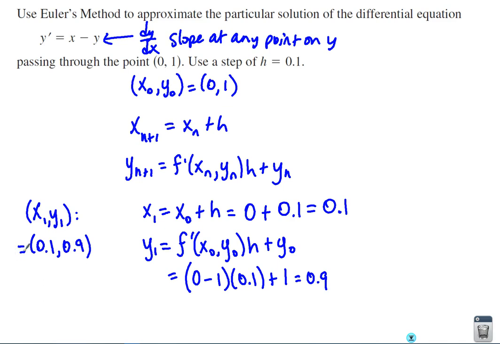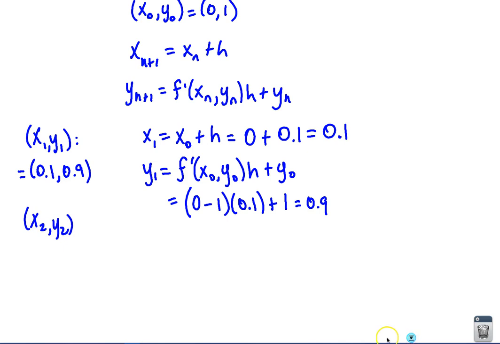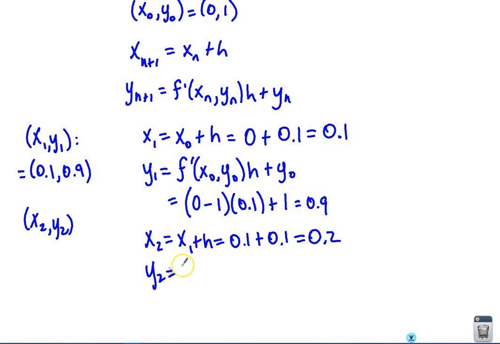I'm going to use that now to come up with x2, y2. Okay? Scroll down. x2 is equal to x1 plus h. So that's going to be 0.1 plus 0.1, so 0.2. y2 is equal to f prime at x1, y1 times h plus y1. So now, instead of plugging in 0 minus 1 into x minus y, I'm going to plug in this point right here.